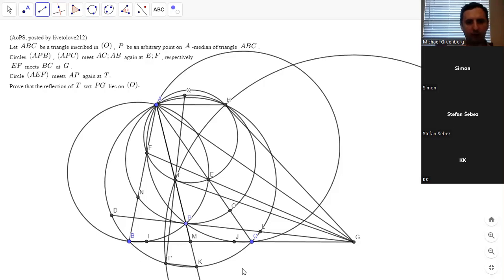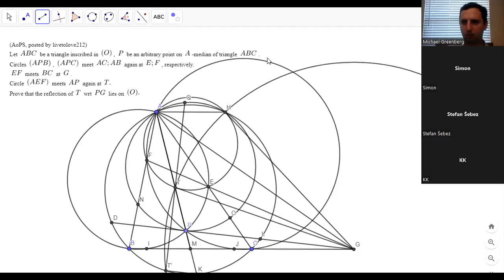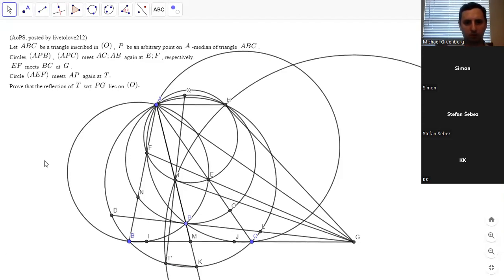Or we could show that T prime K is parallel to LB. That would also work. So yeah, can we show that this is parallel to this? Well, if we can show that P is the midpoint of BL, I wonder if that would solve it. I'm not sure if it would.